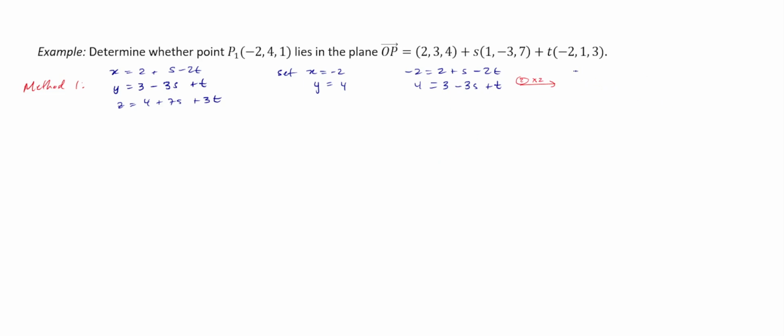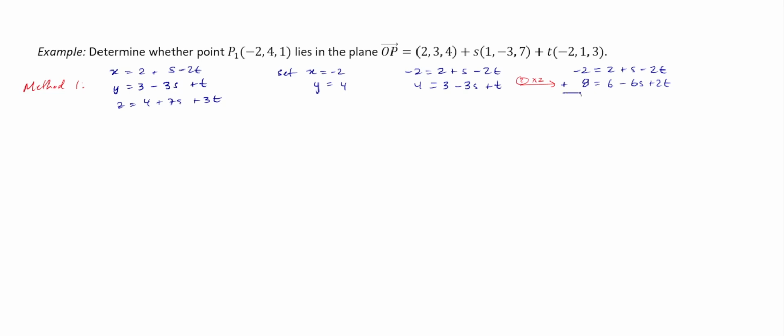And so I get -2 = 2 + s - 2t, and 8 = 6 - 6s + 2t. I'm mathematically allowed to do this because I'm scaling the whole equation by a factor of 2. And now you can see I have opposite signs on the t terms in the equation above and the equation below.